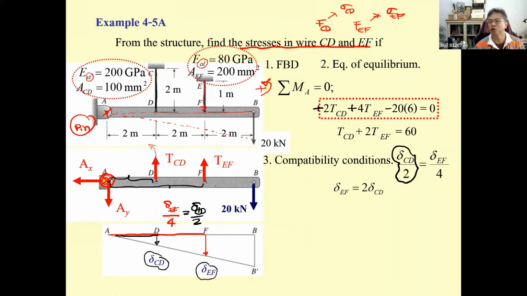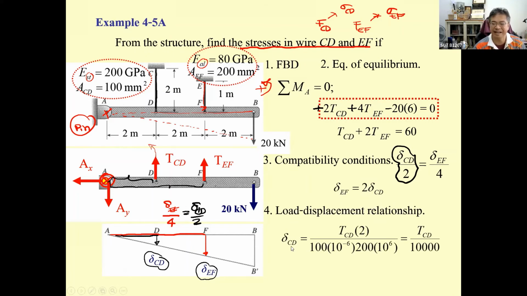Then you got to use the force-displacement relationship to change this compatibility equation to be a function of force. So delta sub CD is T sub CD times the length of 2 meters, divided by the area changed to square meters times the modulus in kilonewton per square meter.